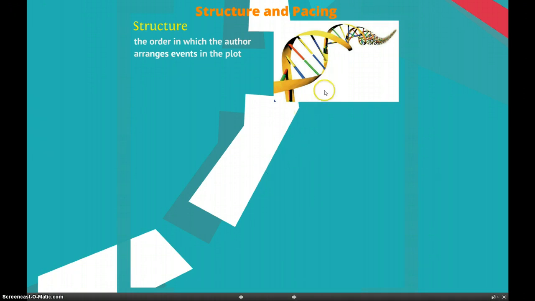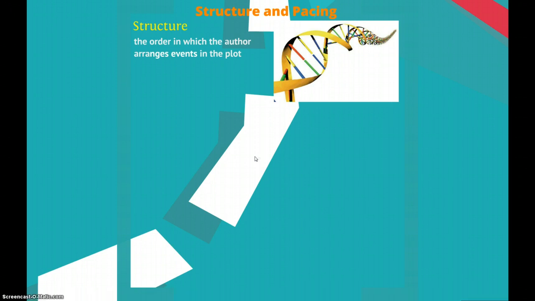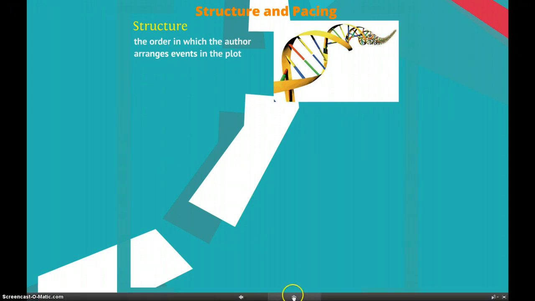Any kind of thing can change by just a small rearranging of these little things in your body. So structure of a story is kind of the same way, because the author has a plot, but they can choose to rearrange the order of these events, and it can really change the way a story is told.